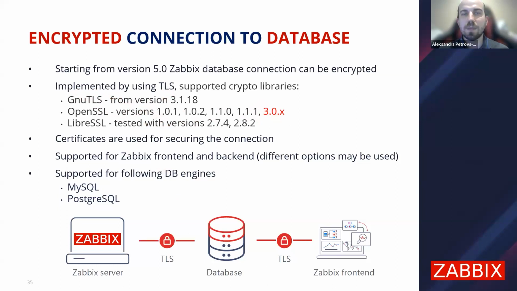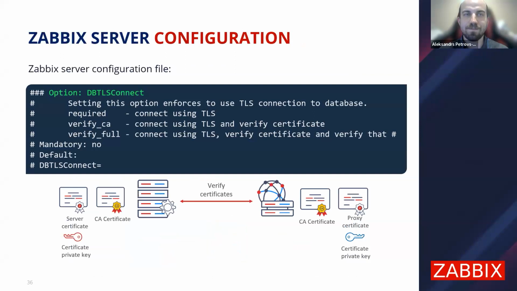It can secure the connections between the frontend and the database, and the Zabbix server and the database, which currently is supported for the following DB engines natively: MySQL and PostgreSQL. But you could use it for others as well using the client configuration.